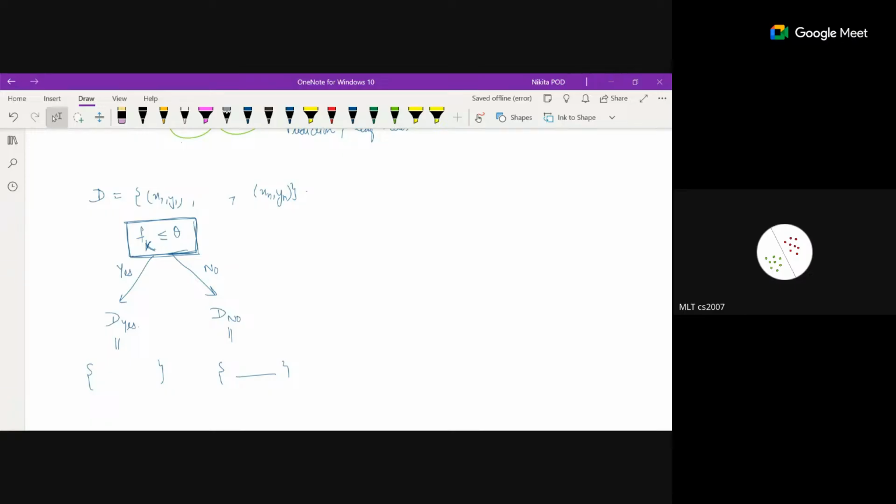So this is where you're asking just one question and deciding yes or no. This is something called a decision stump. So this is a decision stump that we have taken here, and for the question that is asked, the answer is either yes or no. All the data points for which this condition is satisfied, I am putting in Ds, and all the data points for which the condition is not satisfied, I'm putting in D no. That's all.